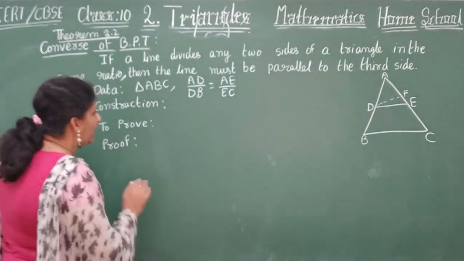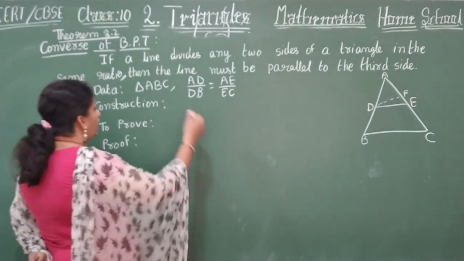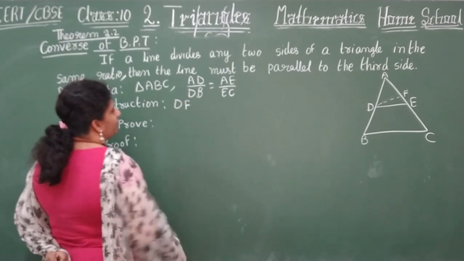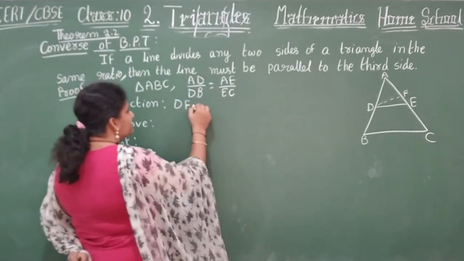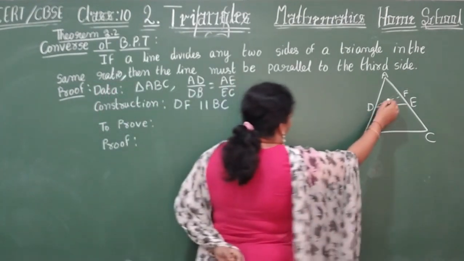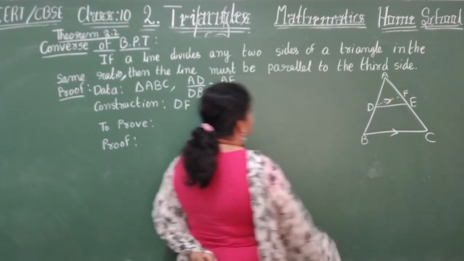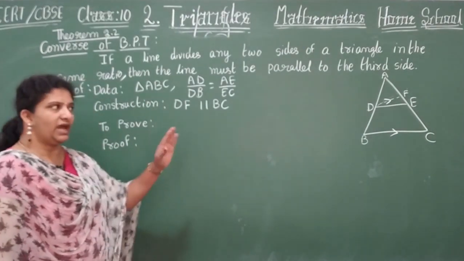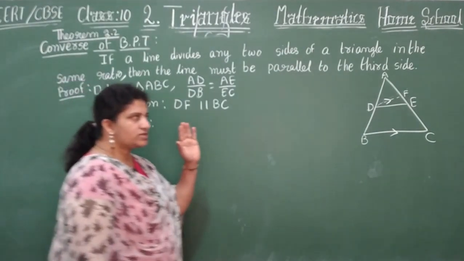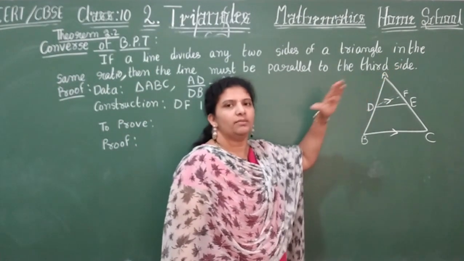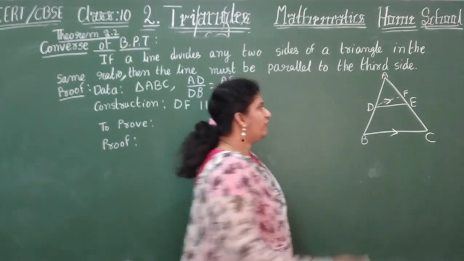So now what I have done here: draw DF such that this line DF is parallel to BC. I have taken a line such that it is parallel to BC. One line I have drawn here, children. Seeing it, you may say, ma'am, it looks like this, it's not parallel. But let us assume, where is this F?